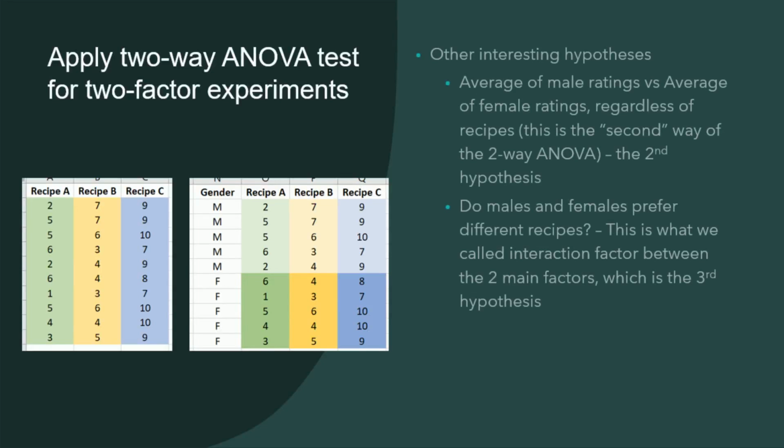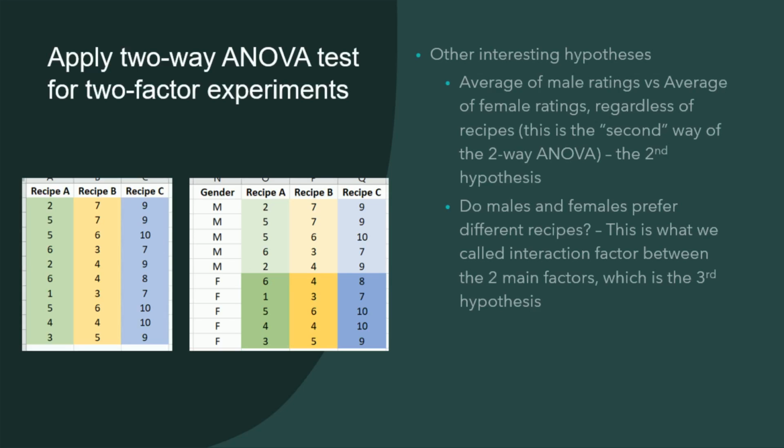We can have 2 more hypotheses, making a total of 3 hypotheses. The first hypothesis is the hypothesis we tested in one-way ANOVA. There is no difference in ratings between the recipes. The second hypothesis is that there is no difference in average ratings given by male evaluators versus female evaluators, regardless of recipes.